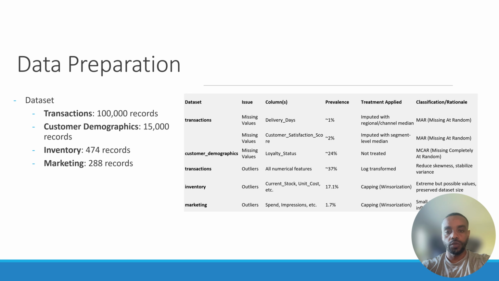We also used log transformation and capping methods to normalize and standardize outliers in inventory and marketing datasets. We believe this rigorous cleaning phase ensures our final recommendations are based on normalized and statistically sound data.